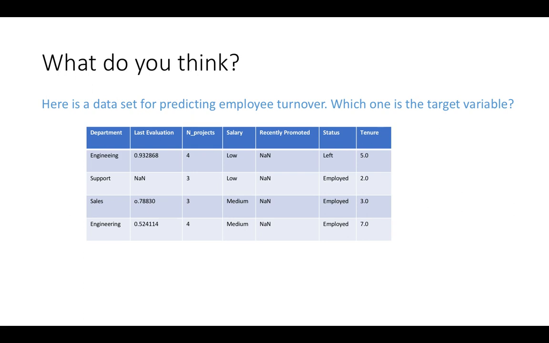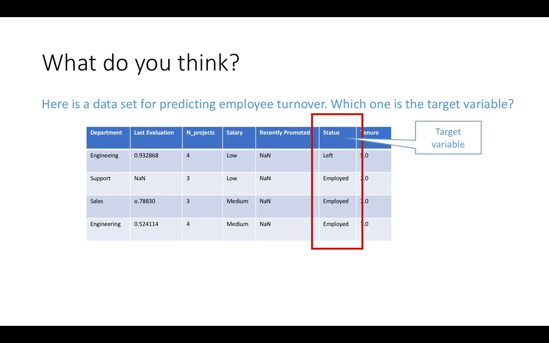There is a department, last evaluation, number of projects, salary, recently promoted, status, whether left or employed, and tenure of the person. So in this data, what do you think is the target variable, which is the dependent variable? You are right, that is the status.